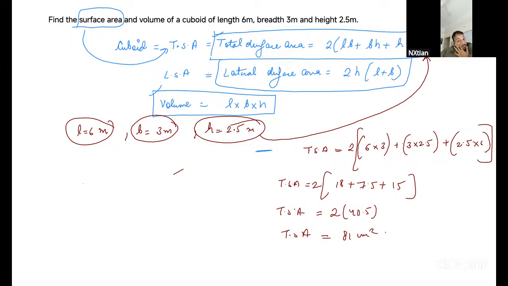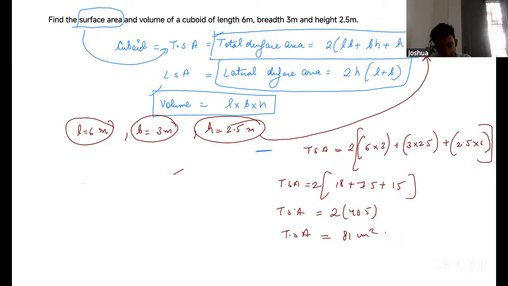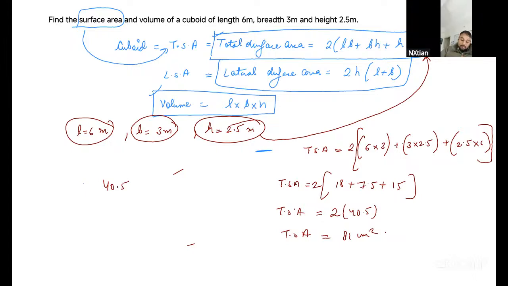Understood? So then what happens to the 0.5? It's a decimal. So 40.5 is given when you multiply it by 2. 2 fives are 10, 0 will come, 1 will go to the next place upward. 2 zeros are 0, plus 1, and then 2 fours are 8.